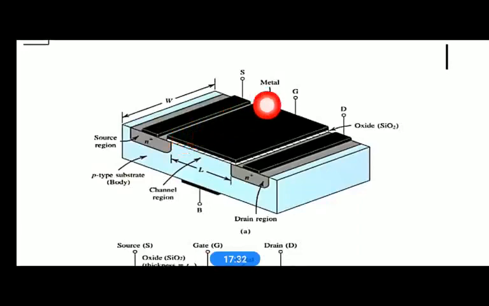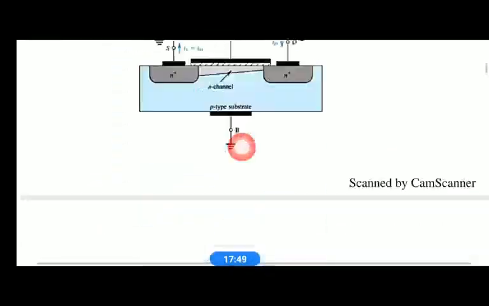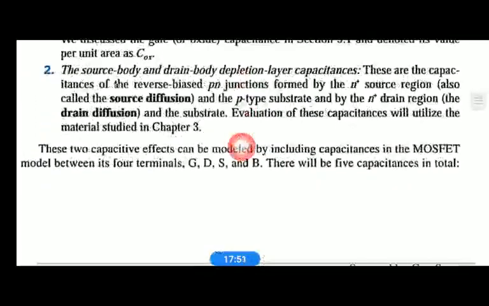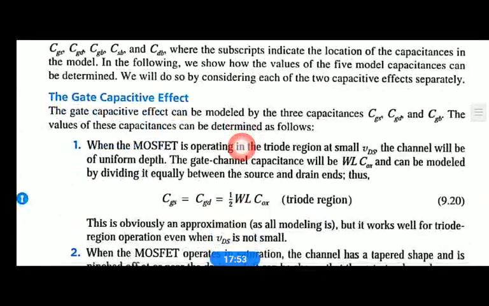Like that, we have the total capacitance of this area, which is the area W into L multiplied by the capacitance per unit area, so you get the total capacitance W into L into COX.